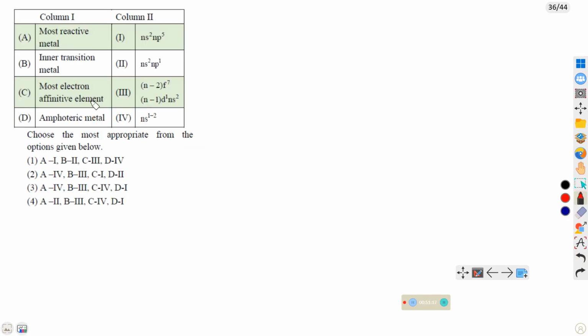Match the following. Most reactive metal is S block. Inner transition metal is F block. Most electron affinity elements are halogens. Amphoteric metals are present in group 3A.